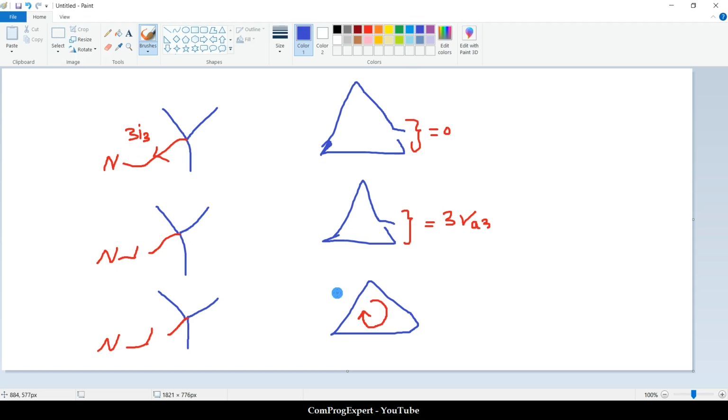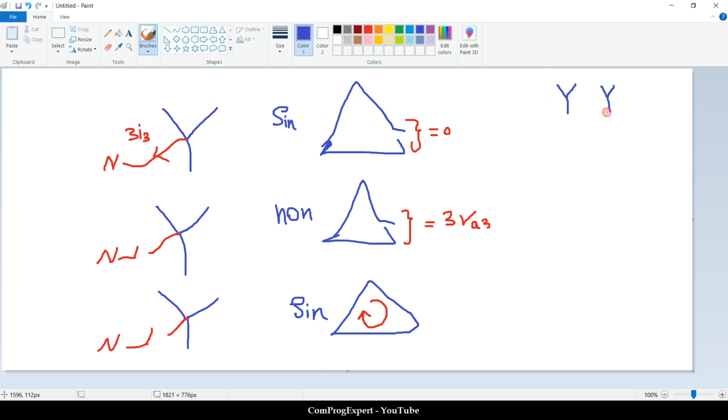And we will have a sinusoidal flux in this case, a non-sinusoidal flux in this case, and in this case, sinusoidal.